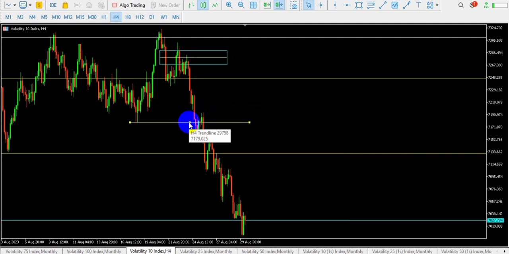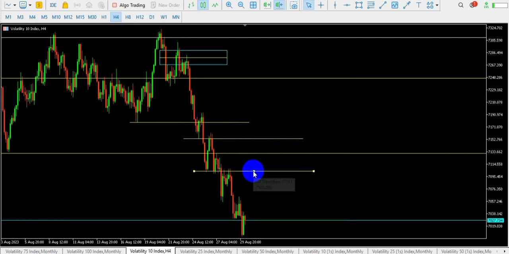So this was breaking the lows. Let's stop there. Now we'll go to 30 minutes. We now see how these lows are being respected.